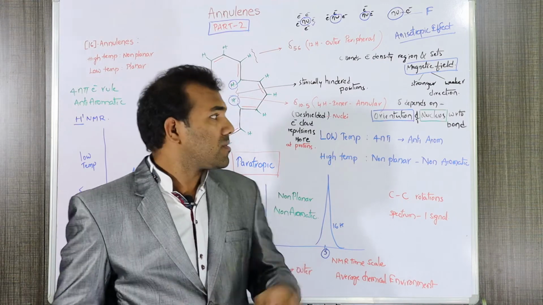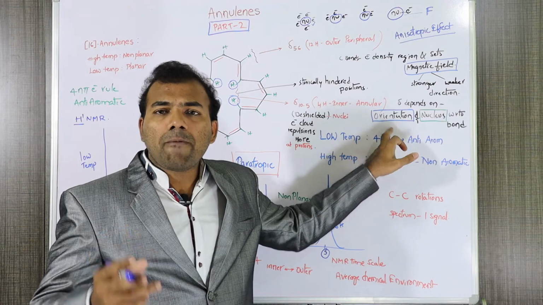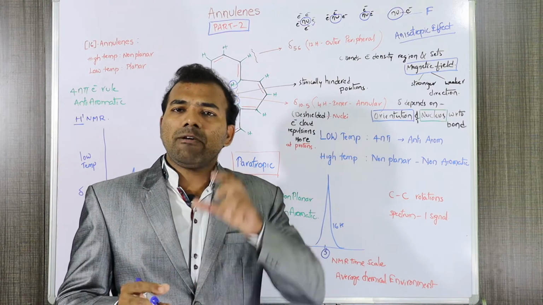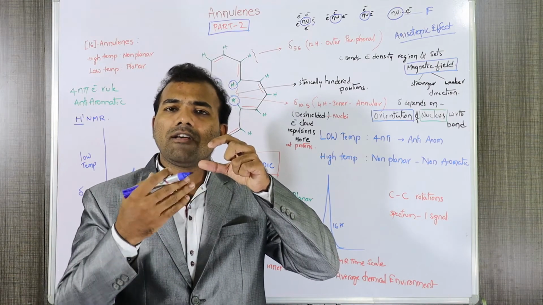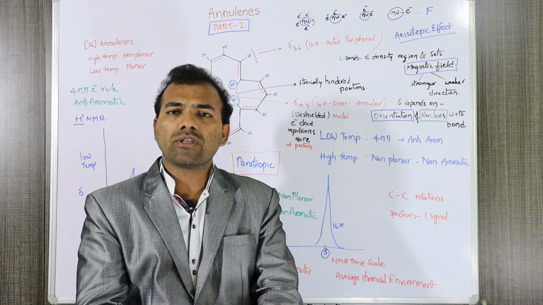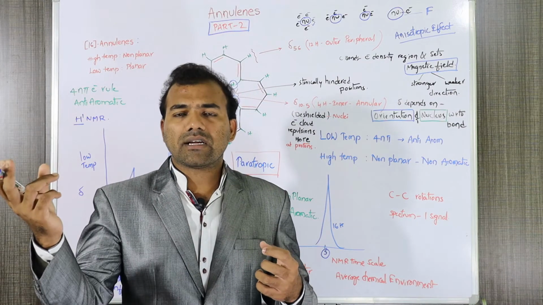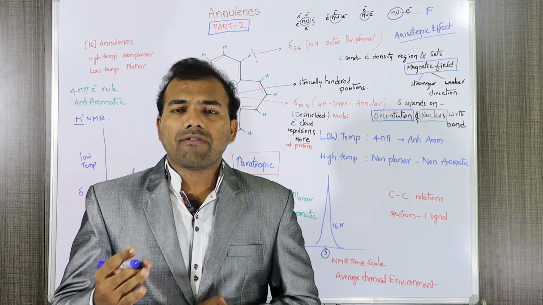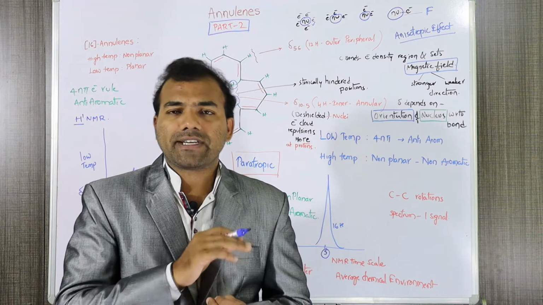And also, these chemical shift values depend on the orientation of the nuclei with respect to the bond: whether the nuclei are above the ring, below the ring, inside the ring, or outside the ring. So I hope you understand the concepts of negative inductive effect, van der Waals de-shielding and anisotropic effect.